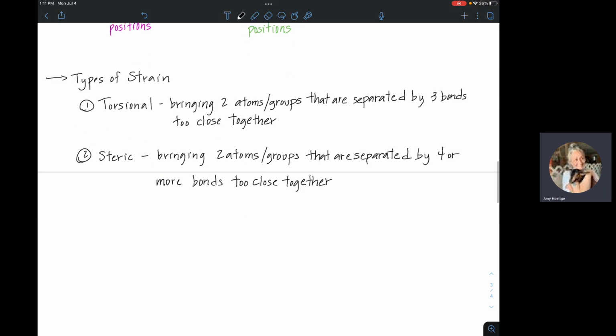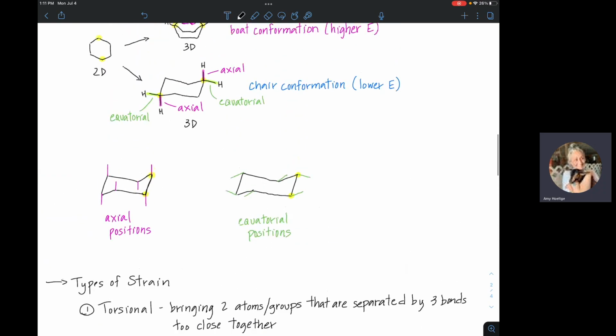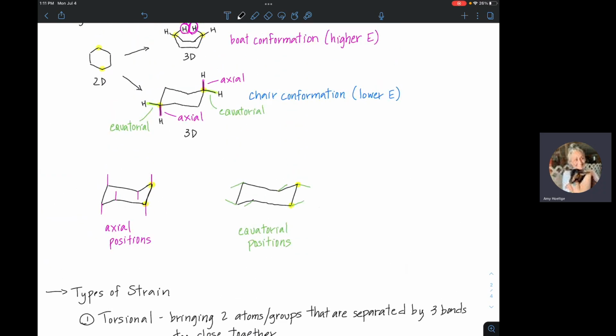And then if you're talking about a ring, there's another type of strain called angle strain. Remember how these bonds are formed, right? If you're looking at a ring structure, like up here I have a cyclohexane ring, right?